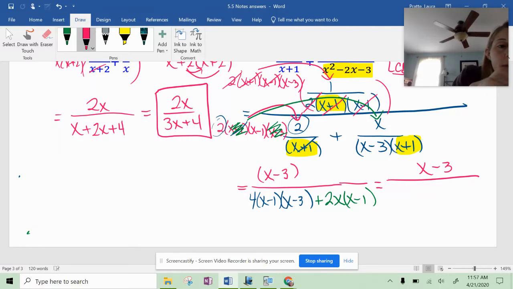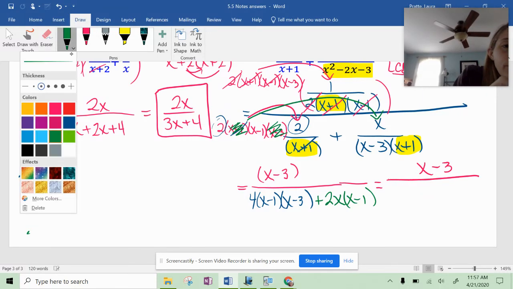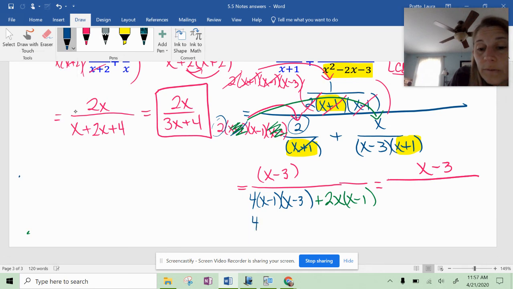On the bottom here, I'm just going to try to do some foiling just to get that together here. So this is going to be 4 times x squared minus 4x plus 3. And then I'm going to distribute the 4 to all of that. So it becomes 4x squared minus 16x plus 12.